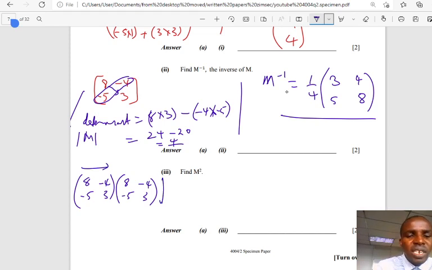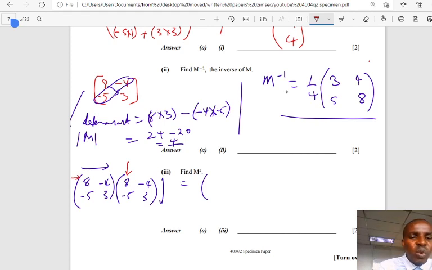Let's simplify. You say 8 times 8, using first row and first column, then first row and second column, then you do the same with the second row.